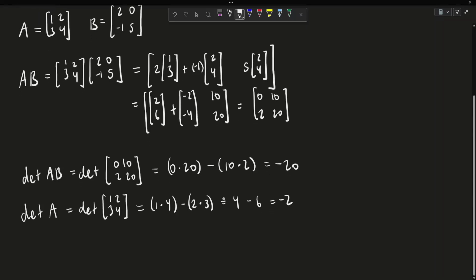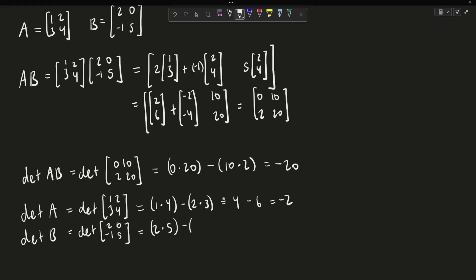If we then take the determinant of B, which is equal to the determinant of 2, 0, -1, 5, we'd find that we have 2 times 5 minus 0 times -1. And there we get 10.